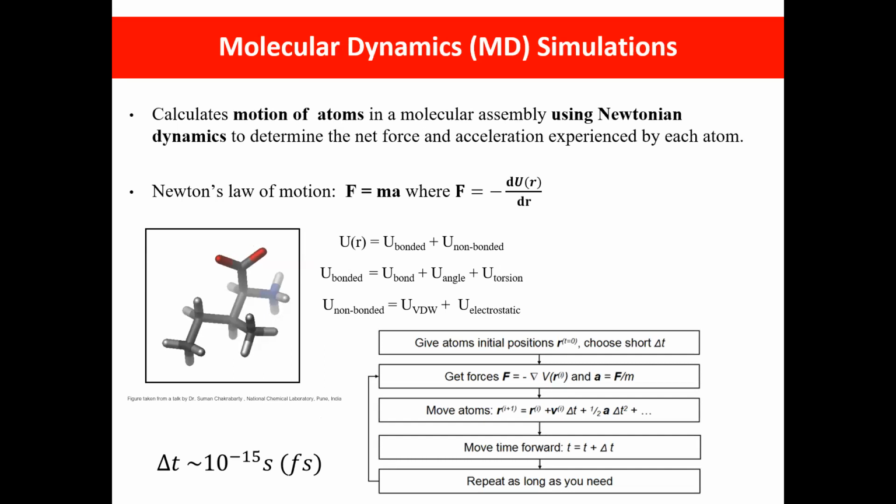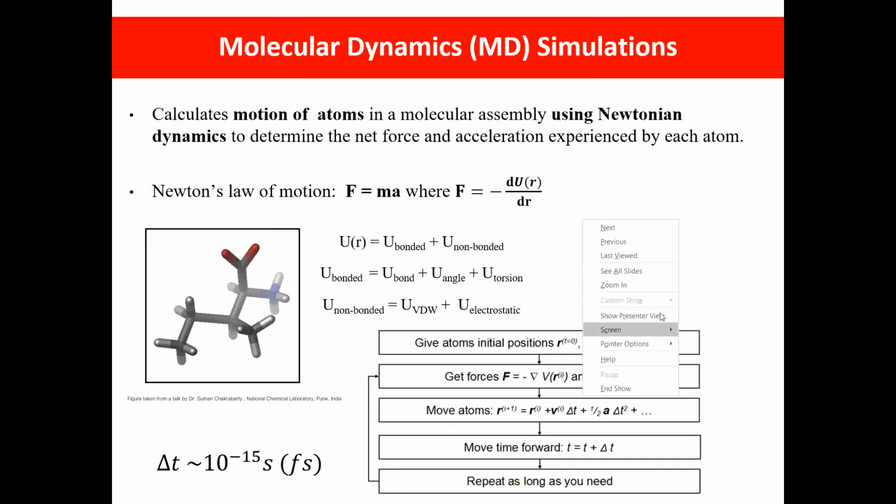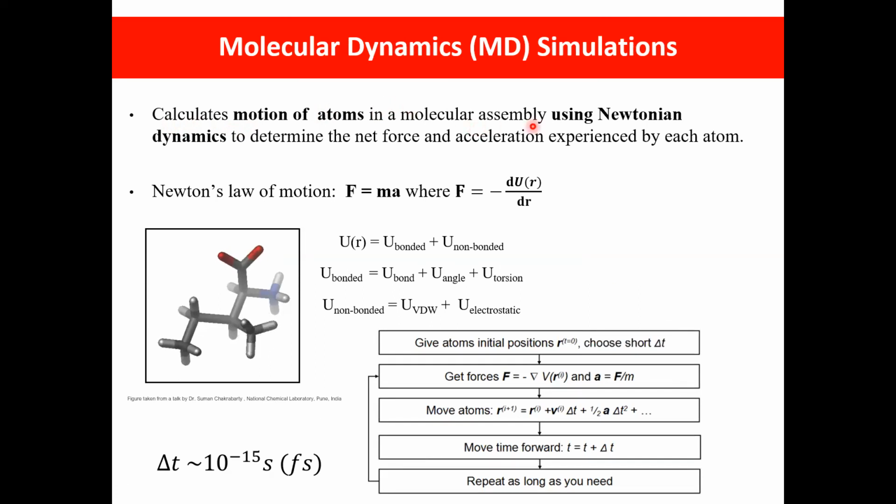This is typically done by using something called molecular dynamics simulation. In a molecular dynamics simulation, you calculate the motion of the atoms in a molecular assembly using Newtonian dynamics to determine the net force and acceleration experienced by each atom.